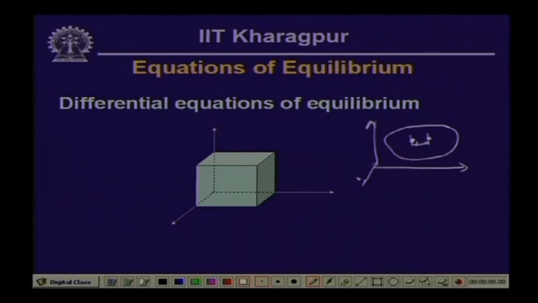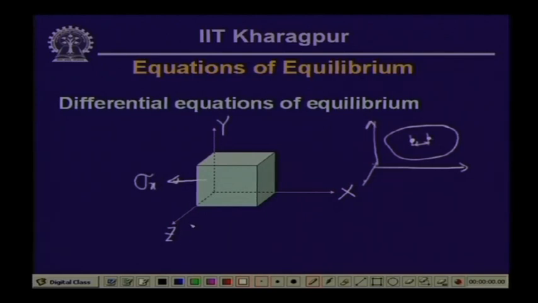Now, as usual, we call this axis the x axis, this the y axis, and this the z axis. On this particular plane, whose normal is parallel to x, which we call the x plane, we have the normal stress sigma x.